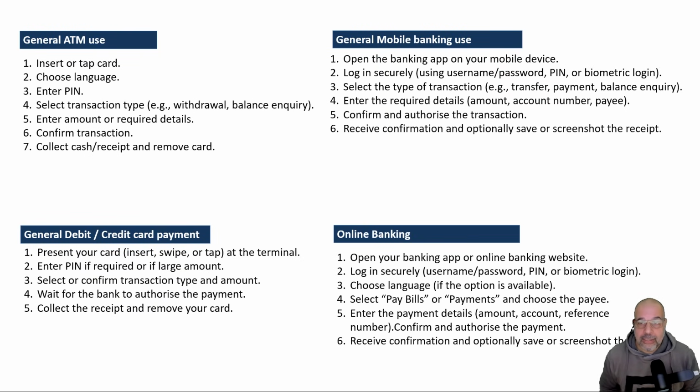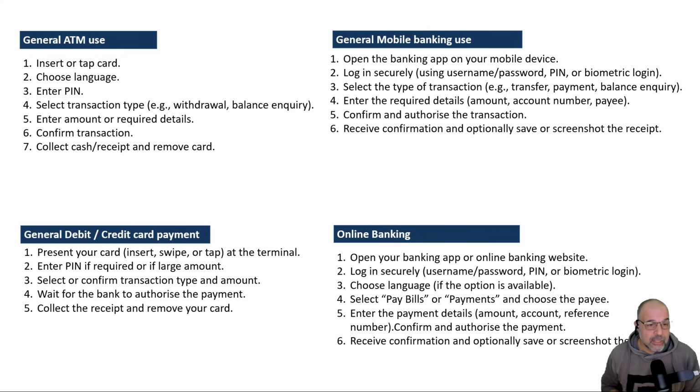Enter the required details, how much you want to transfer or send, the account number, the payee that you're going to pay. Confirm and authorize the transaction. And lastly, you're going to receive confirmation that it's been completed, and you can optionally choose to take a screenshot or print, or let's say create a copy of the receipt for you to keep as PDF form.